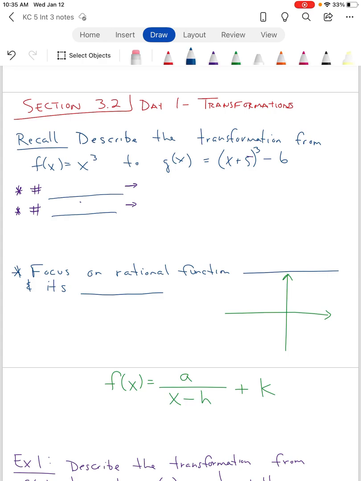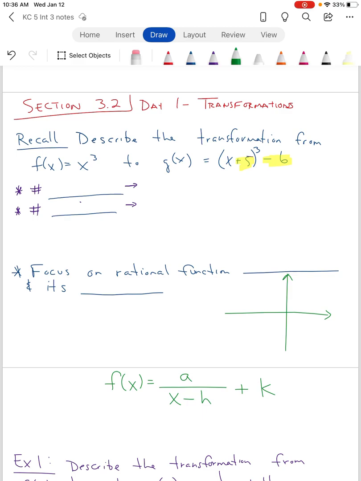So let's recall a transformation from f of x is equal to x to the third to g of x is equal to (x plus 5) to the third minus 6. You can see that we added a 5 inside the parentheses and we added a negative 6 outside of the parentheses. Now those two things are going to transform that graph differently.